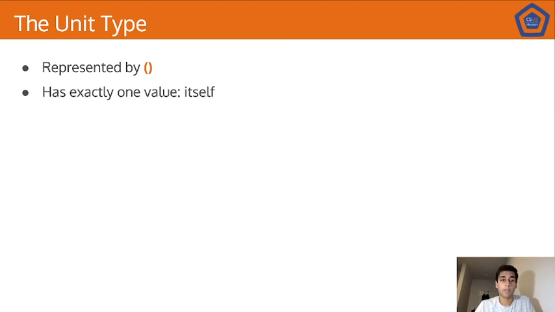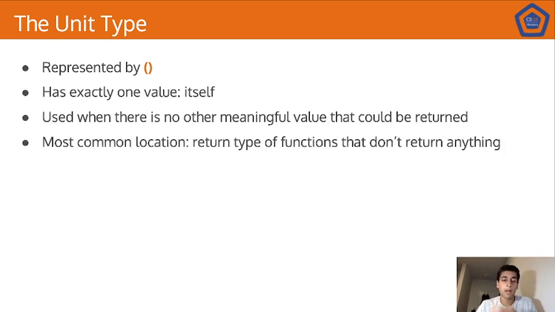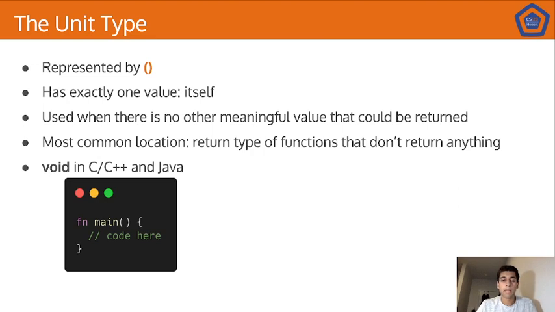Keep an eye out for the unit type. Again, it's used when there's no other meaningful value that could be returned in a function. And you'll often see it in the return types of functions that don't return anything. Again, same thing as void in C, C++, and Java. So I lied a little bit. When you have this function main, we're not returning anything in our main function.